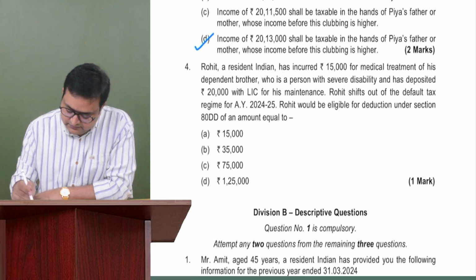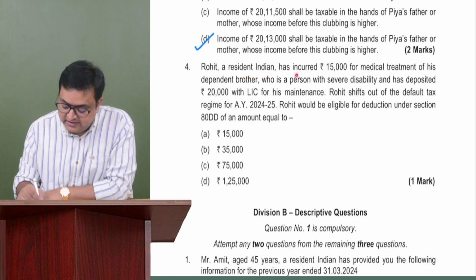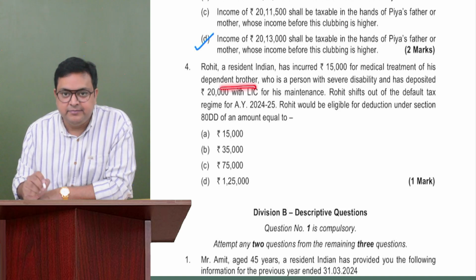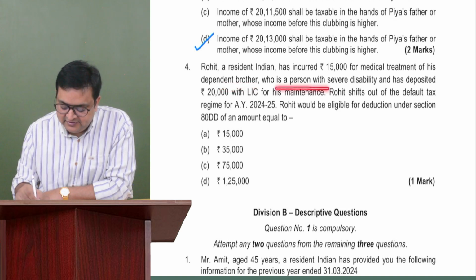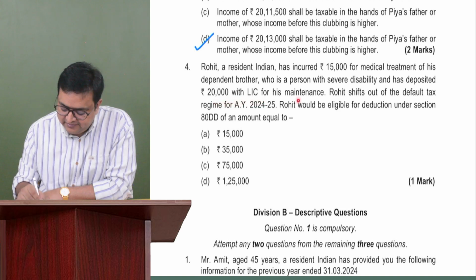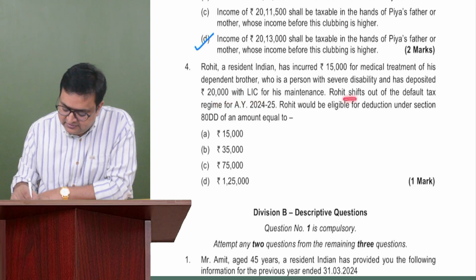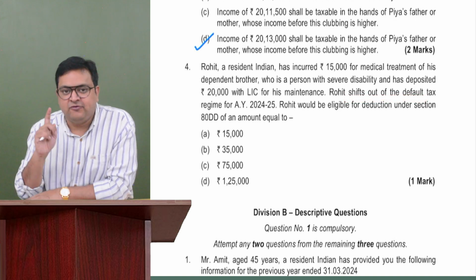Rohit, a resident Indian, has incurred 15,000 rupees for medical treatment of his dependent brother, who is a person with severe disability, and has deposited 20,000 with LIC for his maintenance. Rohit shifts out of the default tax regime, meaning he's opting for the optional regime.